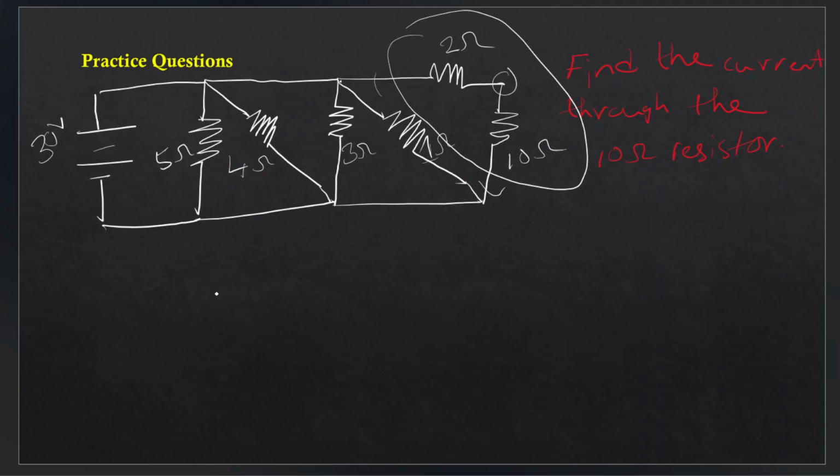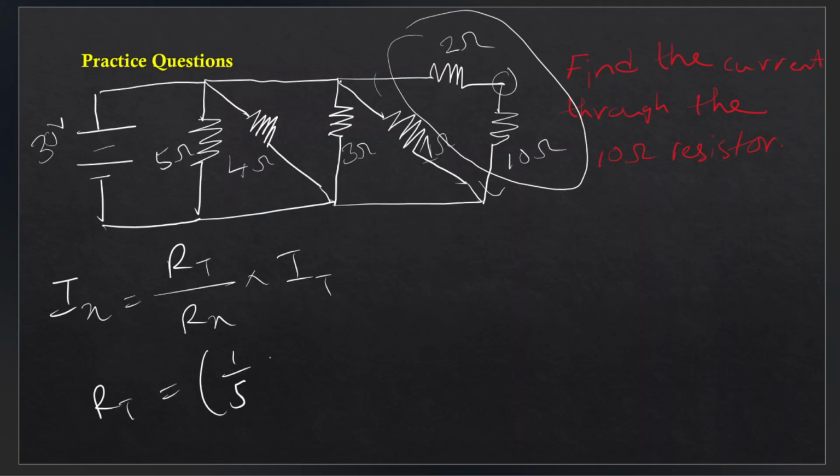Now how do we do that? Again, let's write down the formula. Ix is equal to RT over Rx times IT. Now what's RT? RT here is 1 over 5 plus 1 over 4 plus 1 over 3 plus 1 over 2 plus 10, so 12. Again, these two are in series, so we're counting them as one branch.